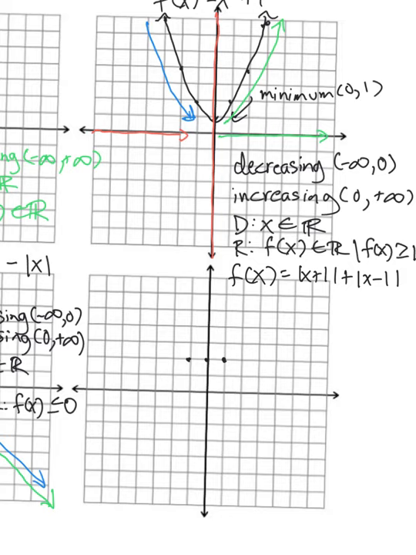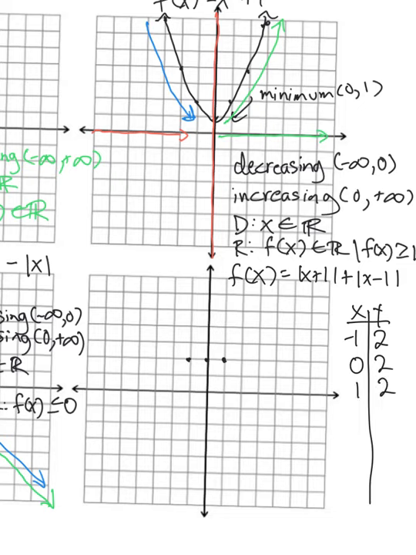Let me create a quick table. Here we have our x values, inputs, outputs. At x equals negative 1, y has to be 2. At x is 0, y is 2. At x is 1, y is also 2.